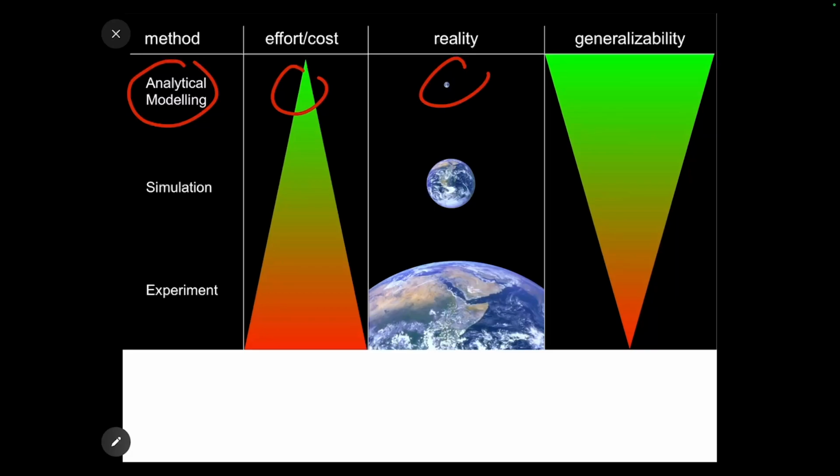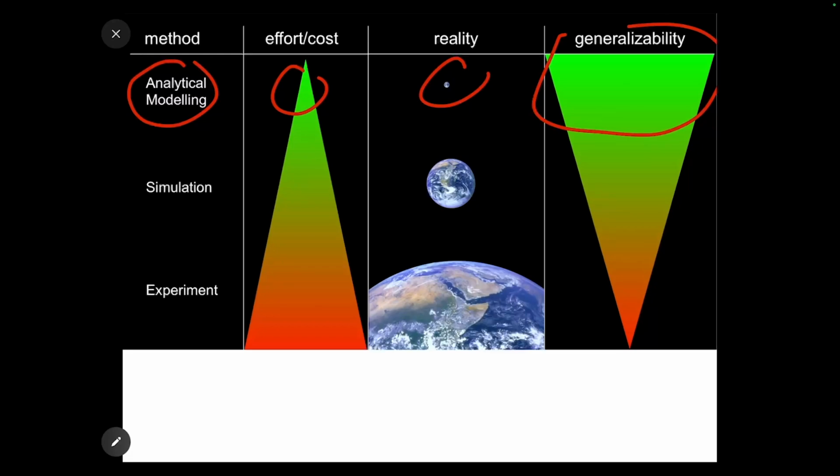However, it has the advantage that you can generalize it. No matter how you implement that algorithm, the complexity class will be the same, unless you do something wrong. Whether you implement it in Python, C++, Rust, whatnot, it's the same analytical model, the same complexity class. It's unchanged whatsoever. So it's very generalizable. That's a big advantage of these methods.